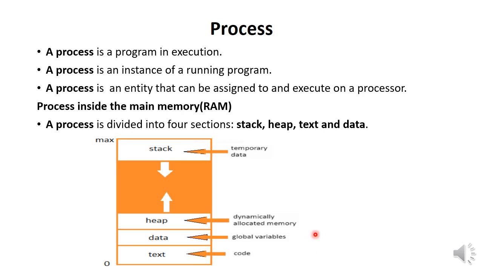It means that these variables are only known by the functions in which they have been declared, or in other words, other functions in the same program should not use the local variables. But global variables are the variables which have been declared outside of all functions. They can be accessed by any one of the functions in the same program.